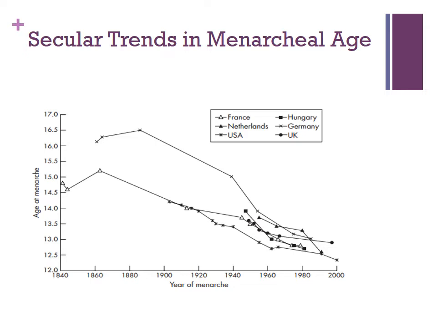Since the mid-1900s, more studies have been conducted, and some have reported a decline not only in the age at menarche, but also in breast and pubic hair development. As you can see in the figure, the age of menarche in several countries has declined by nearly 3 years over the last century.